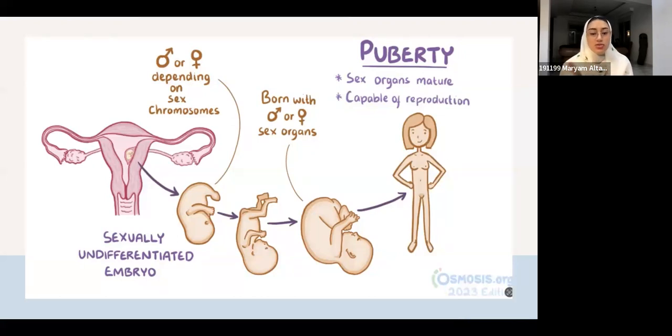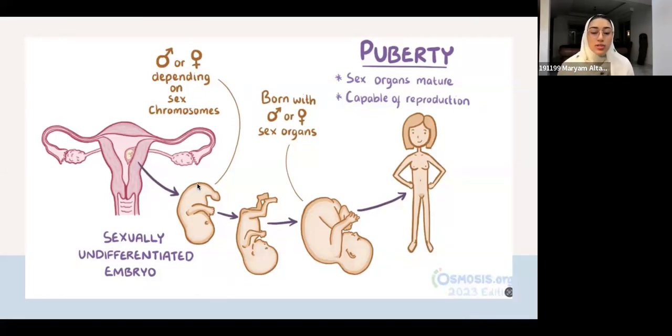And dihydrotestosterone, which causes your internal and your external male genitalia to develop. So that becomes a male, a baby boy. If you have 46XX, then there's no anti-Müllerian hormone and no testosterone. So the Wolffian duct regresses and this person develops as a female.